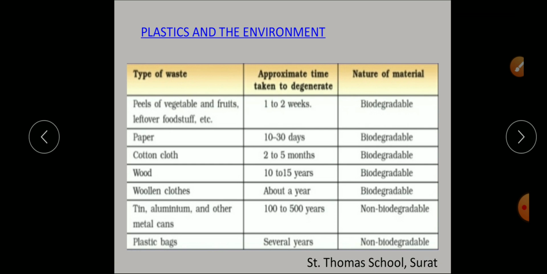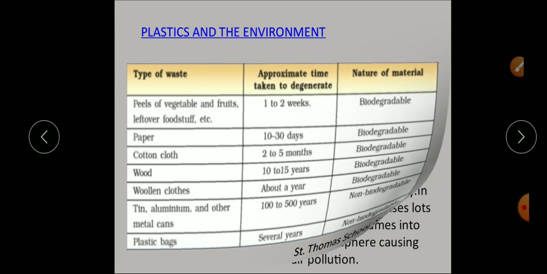Most of the methods used to decompose them result in some form or other of environmental pollution. Right? So burning of plastic gives off gases and smoke which are dangerous, right?